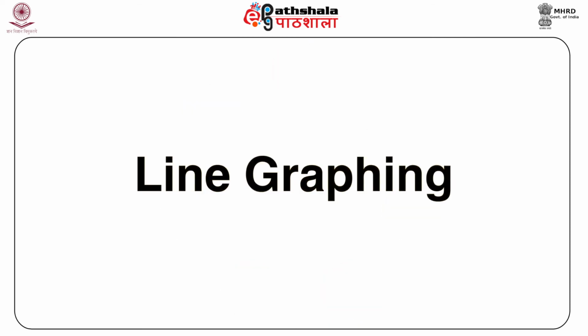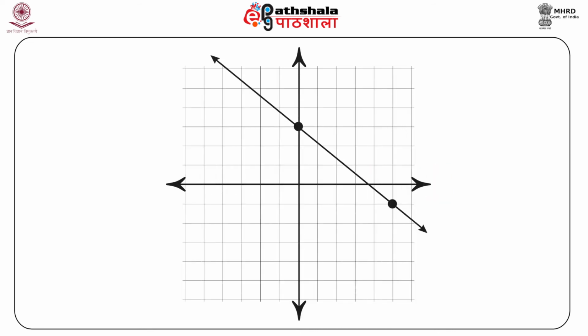Next is the line graph, the type of graph that best shows the relationship between two variables. The line graph will usually be the most useful type of graph in this course. A line graph has one or more lines connecting a series of points.